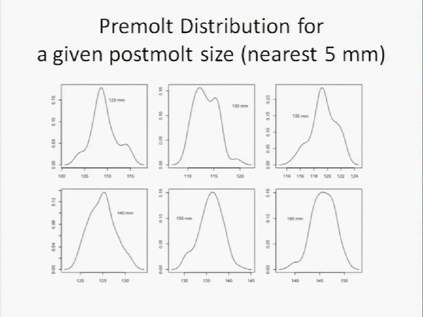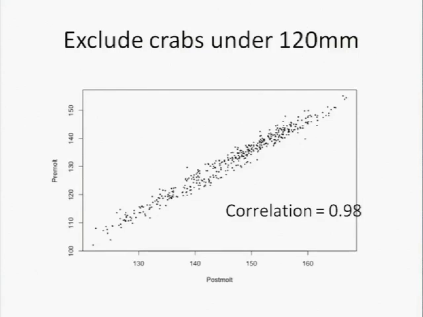So here's what I mean by that. This is the pre-molt distribution for a given post-molt size to the nearest 5 millimeters. Let me go back to the last graph. If I want to look at everything at 125, I'm looking at everything between 122.5 and 127.5, and that would be the post-molt size.